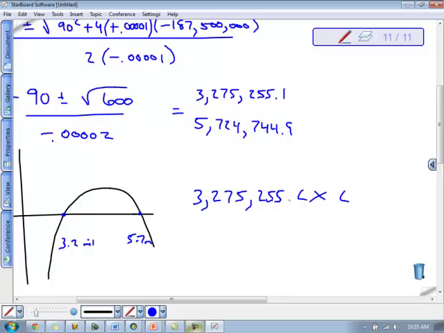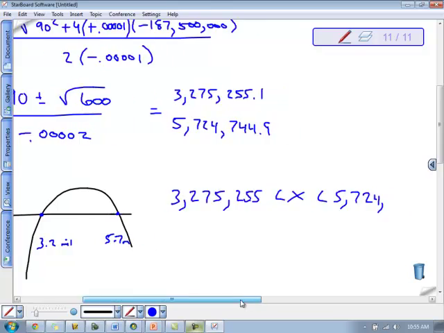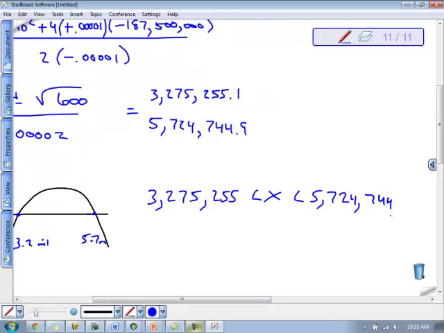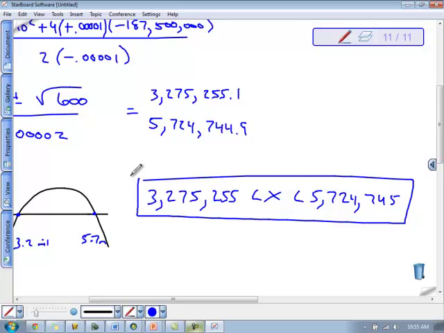We're going to make more than 255, so it will work, because we can't use fractional parts of calculators. The next highest value would be 6. But less than 5,724,744. Let's do 5 because we want to make less than that, so the next lowest one would be 4. So we need to make calculators within this range to meet our profit.